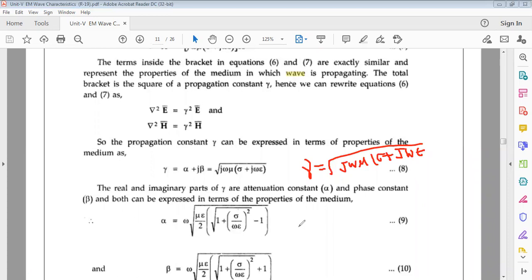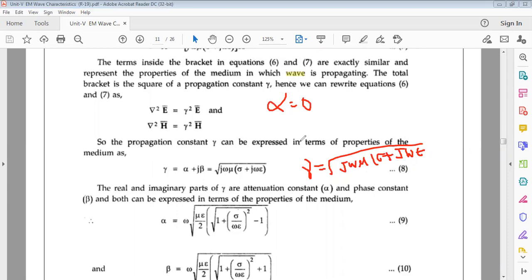So alpha is nothing but the attenuation constant. We can say it is a lossy dielectric, and lossless dielectric means alpha is equal to 0. We already know in the transmission line equation, when the attenuation constant is 0, we call it distortionless transmission.